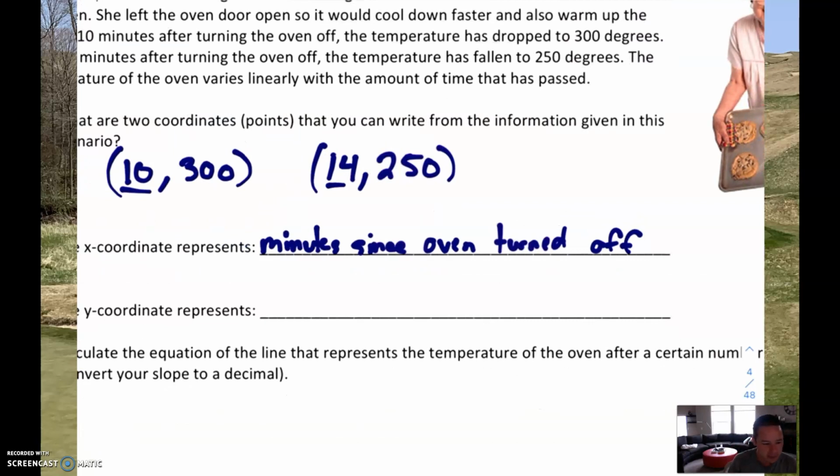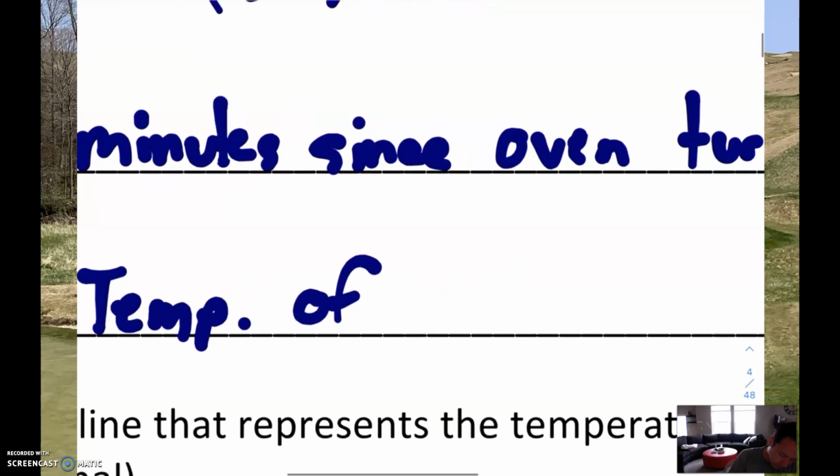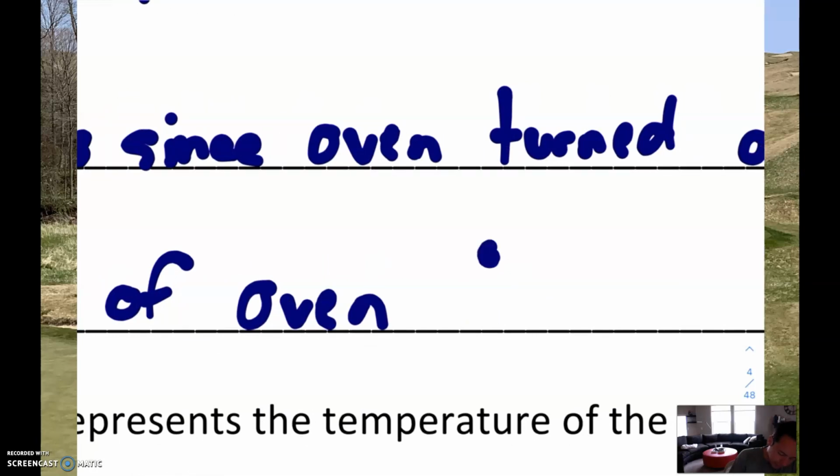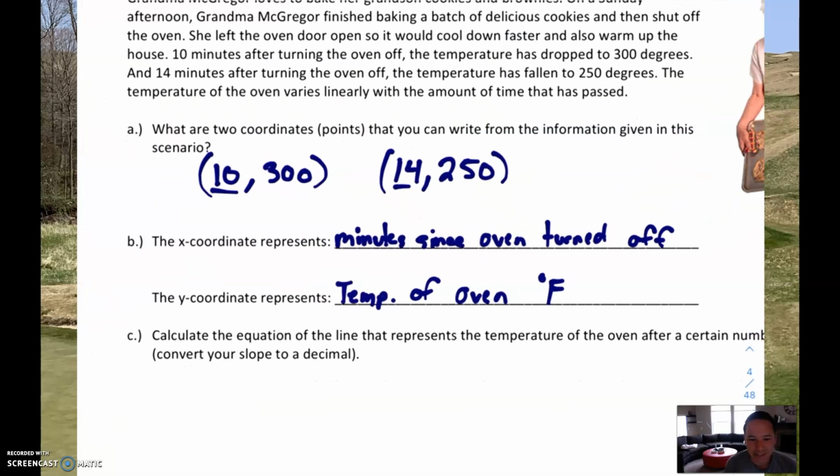That's when we start the timer. And then the y-coordinate, the 300 and the 250, those both represent the temperature of the oven, and these are probably going to be in degrees Fahrenheit. If you had 300 degrees Celsius, you'd probably burn the cookies. So these are in degrees Fahrenheit.